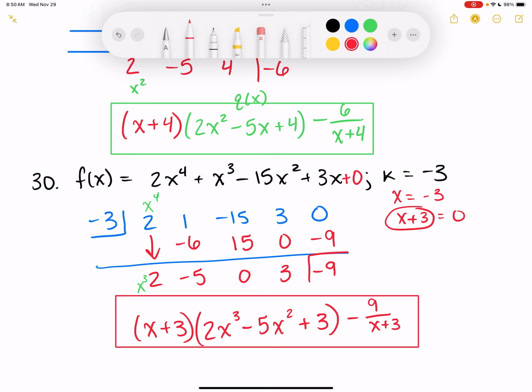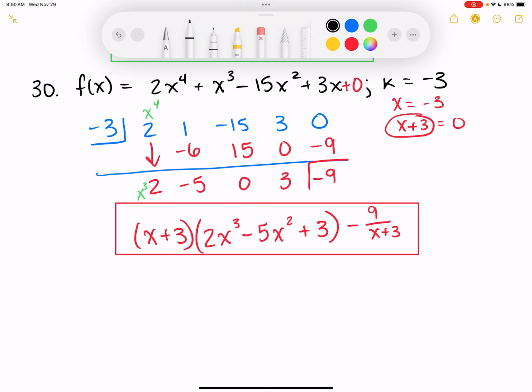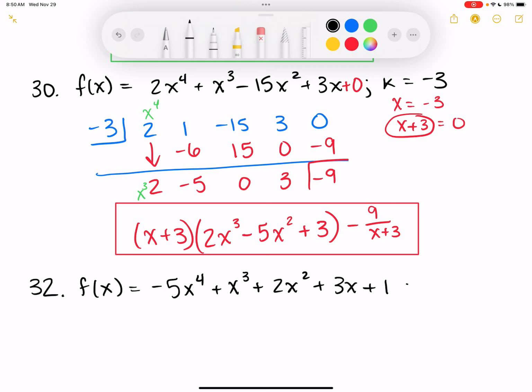All right, this next one I'm going to have you try on your own for a minute and see where we're at, and then I'll go over it with you. So it'll be just like this one. 32: f of x is equal to negative 5x to the 4th plus x cubed plus 2x squared plus 3x plus 1, and k is equal to 1.